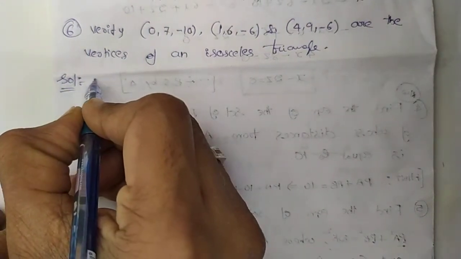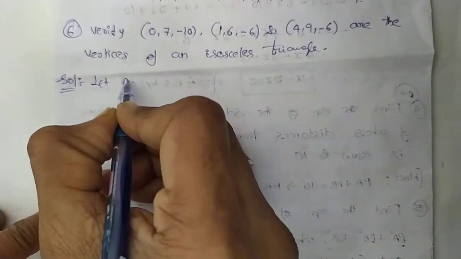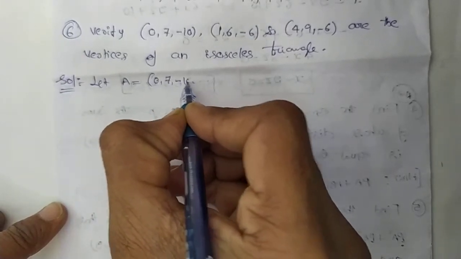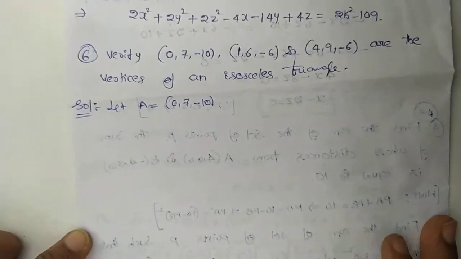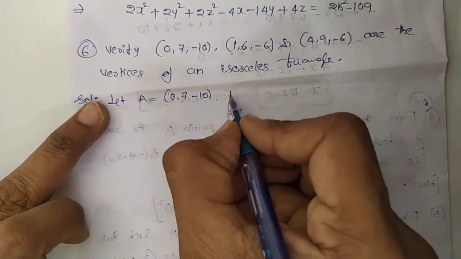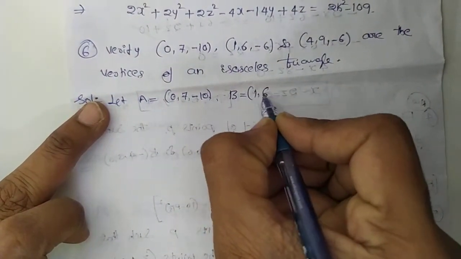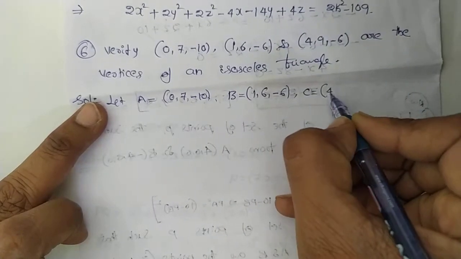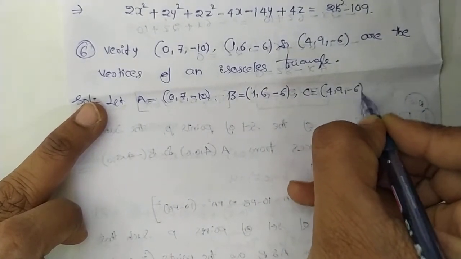First write down the given vertices. Let A equals (0, 7, -10), B equals (1, 6, -6), C equals (4, 9, -6).